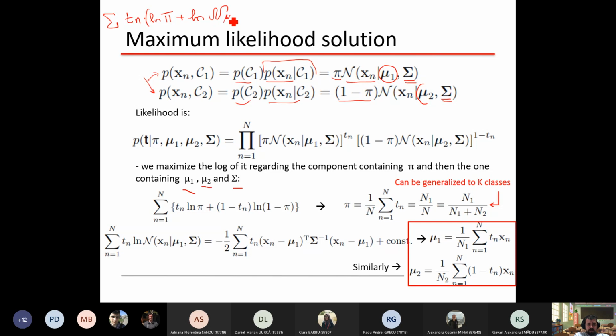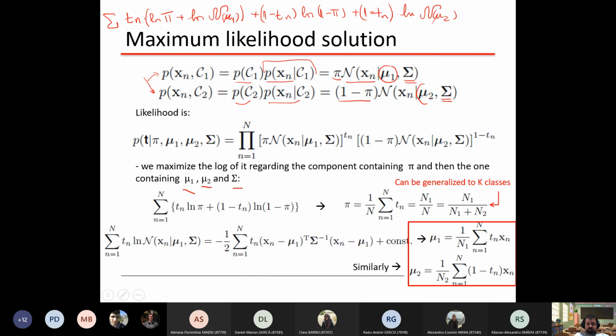I will write only mu1 because of the space, but of course it's the Gaussian of x_n depending on mu1 and the covariance matrix, plus 1 minus t_n log of 1 minus pi, plus 1 minus t_n log of the Gaussian depending on mu2.